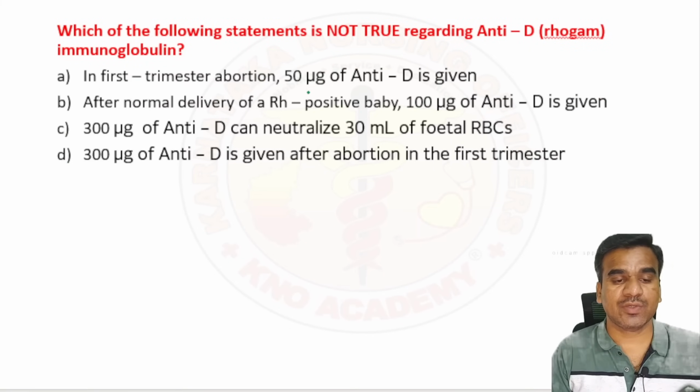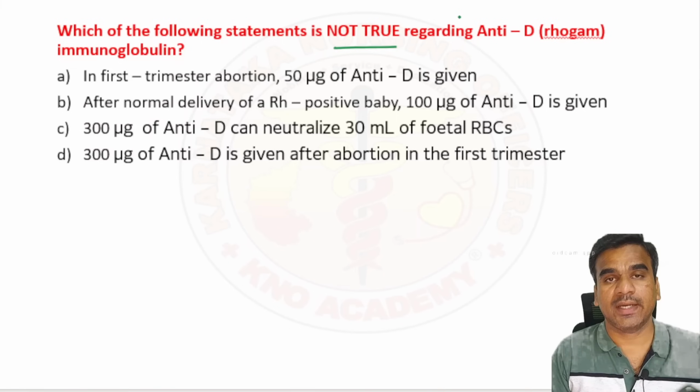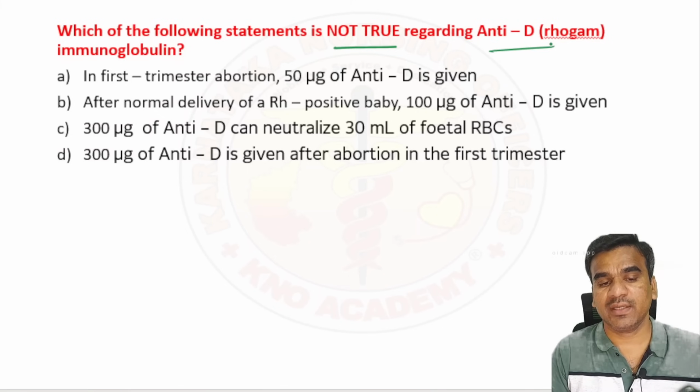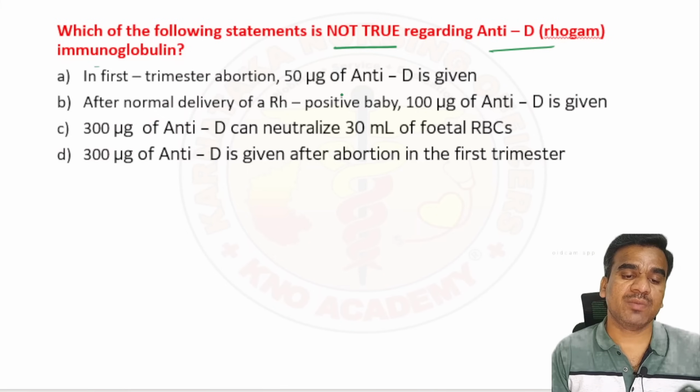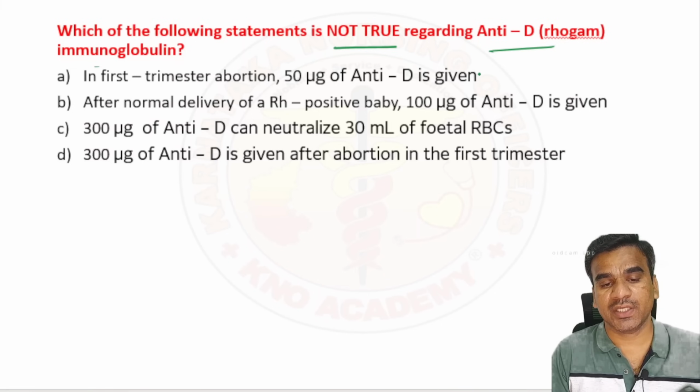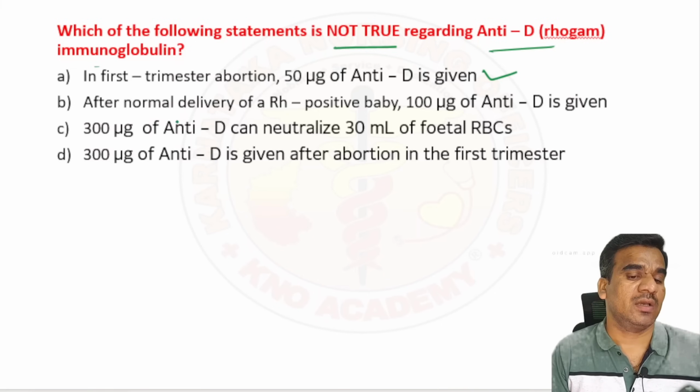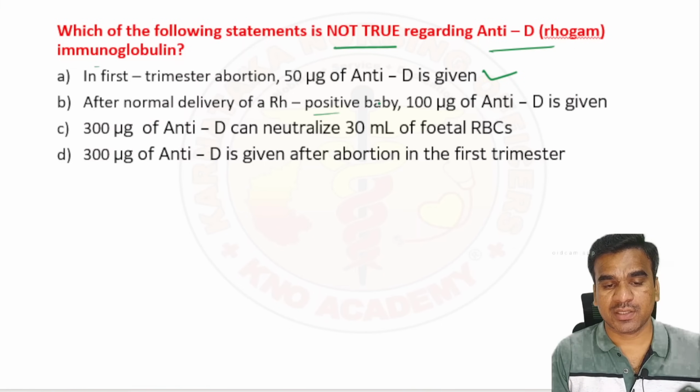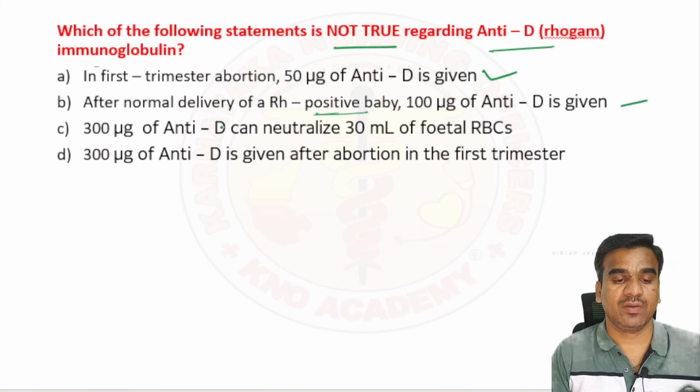The next question: which of the following statements is not true regarding the anti-D? This question we discussed in the KNO Academy groups. Anti-D is the Rhogam immunoglobulin. In first trimester abortion, 50 microgram of anti-D is given. After normal delivery of an Rh positive baby, 100 microgram of anti-D is given.